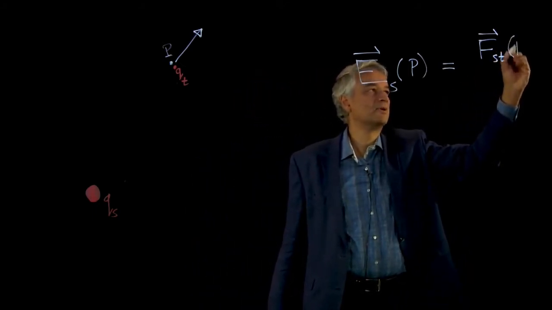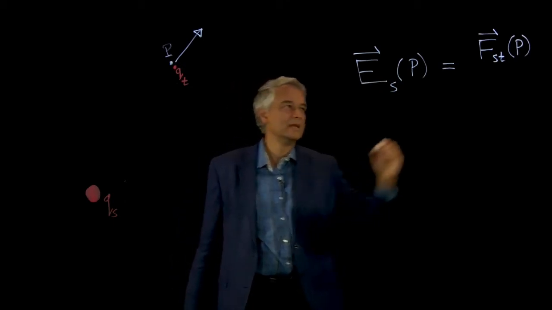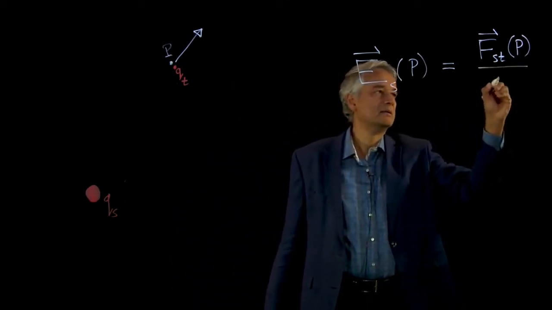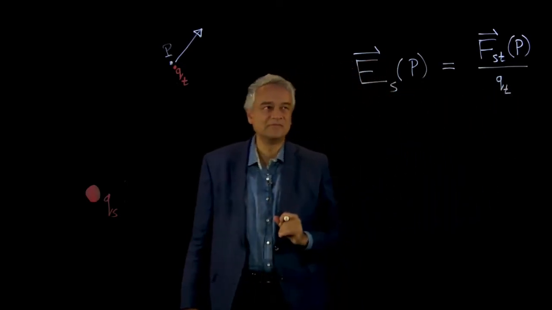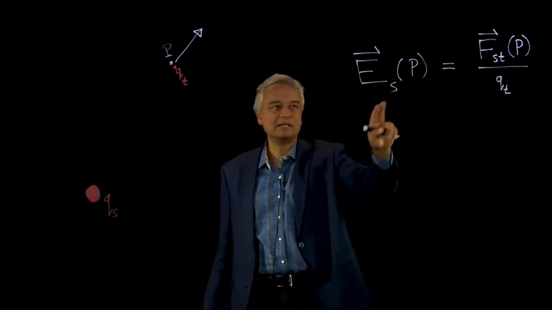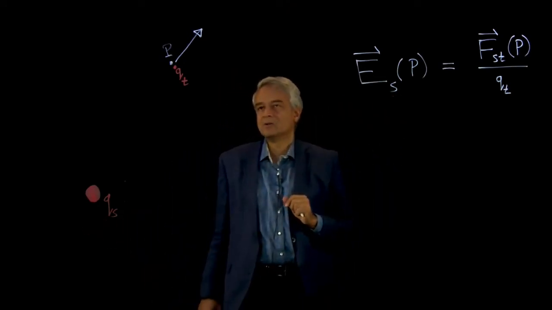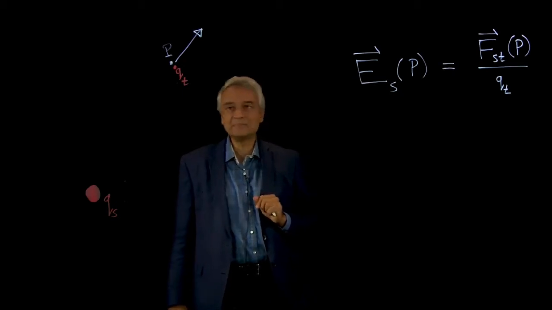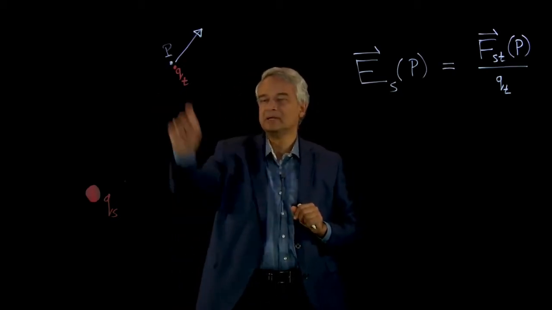This is the force on a test charge QT at the point P, divided by QT. That's the definition of the electric field at the point P caused by the source of charge QS. Now, let's think about this. And in particular, let's ask ourselves, what's the direction of the electric field at the point P?